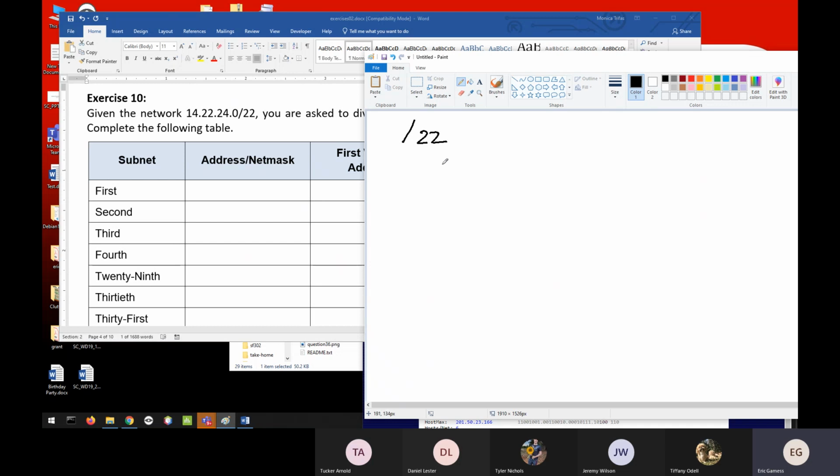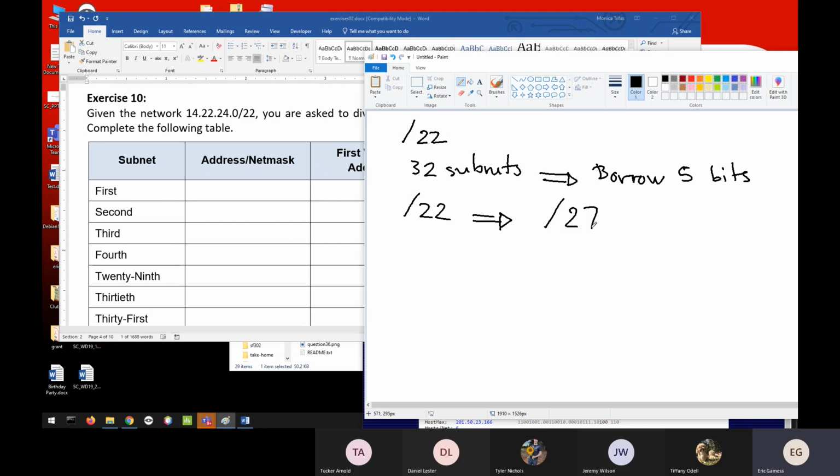If I want to do 32 subnets, I need to borrow how many bits? 5 bits. So I will go from a /22, which is the network mask, 22 plus 5 will be 27.